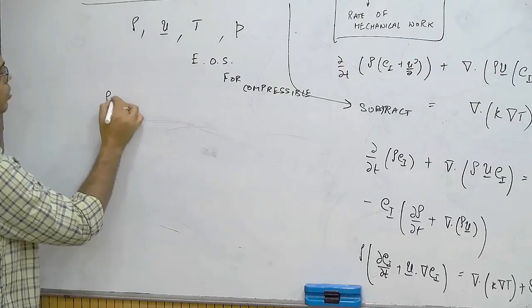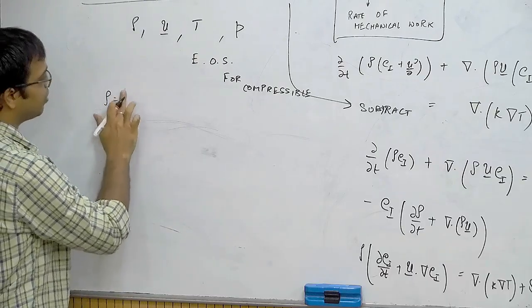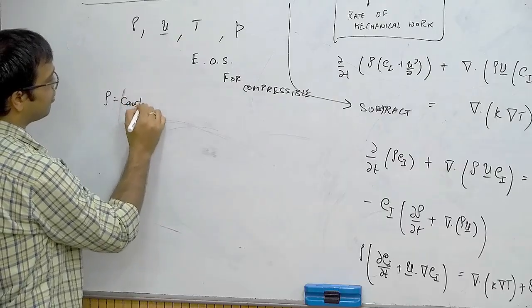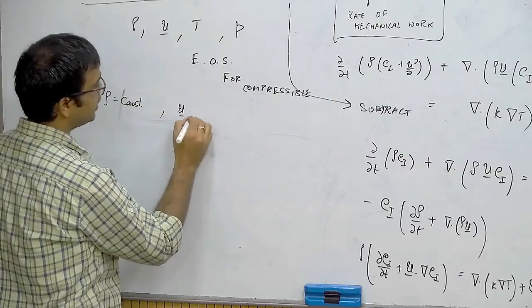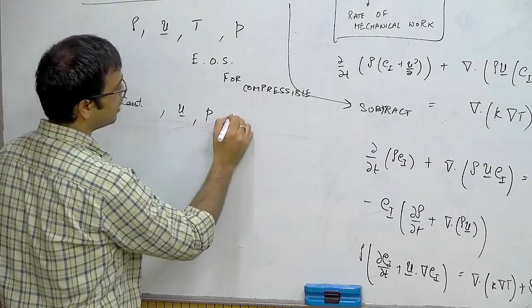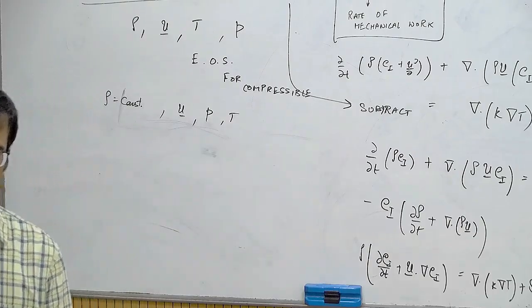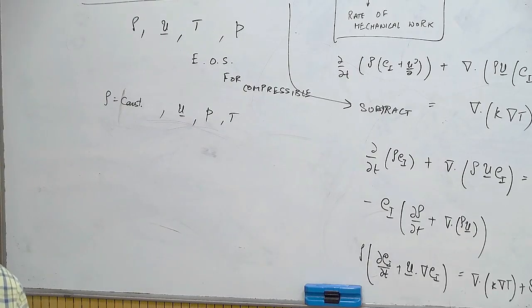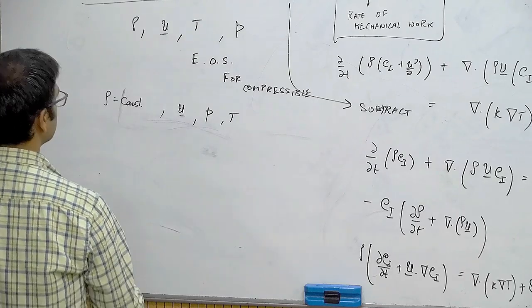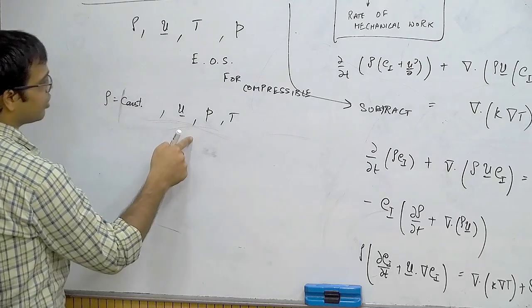So if rho is equal to constant, we have velocity, we have pressure, and we have temperature. We have 5 variables and we have 5 equations: continuity, momentum, and temperature. We don't technically need an equation of state when we are dealing with incompressible flows. So we have 5 equations, 5 variables.